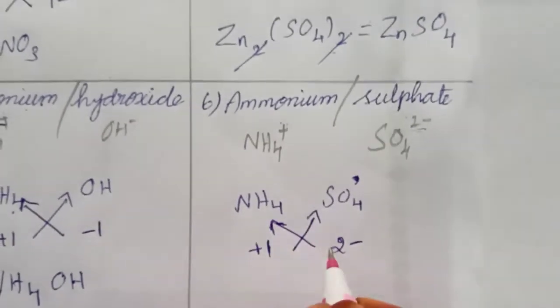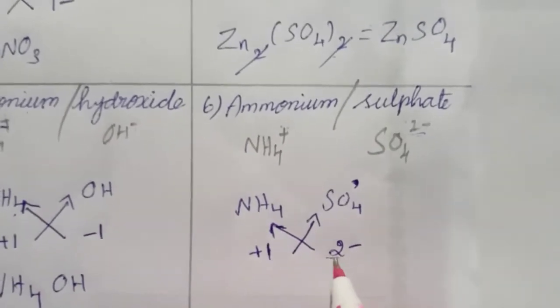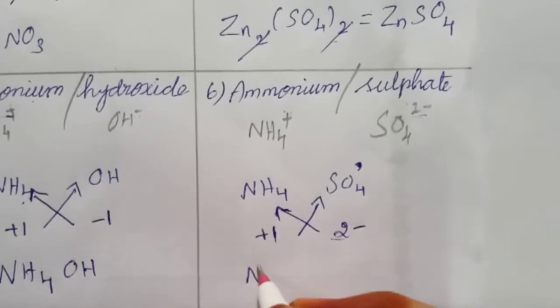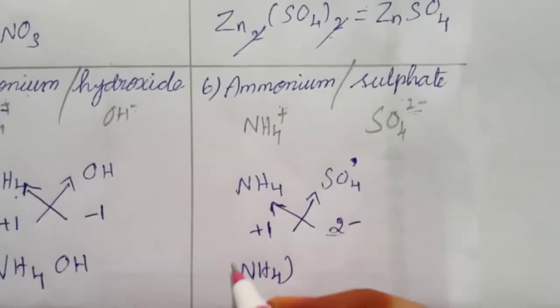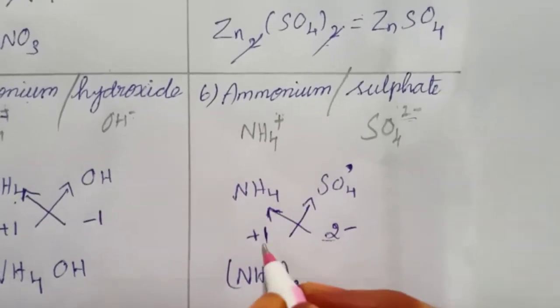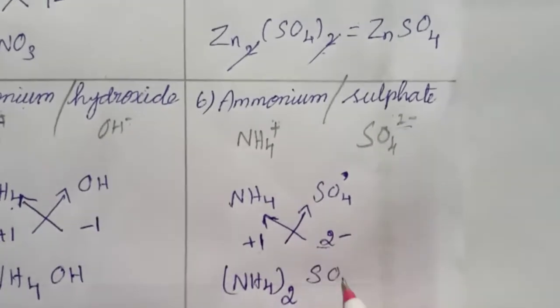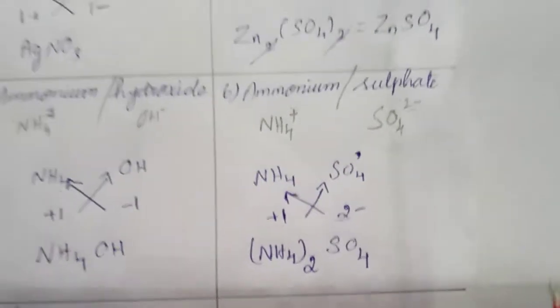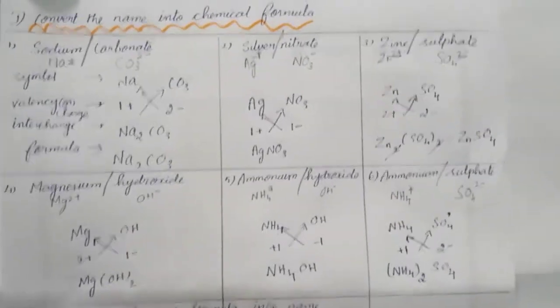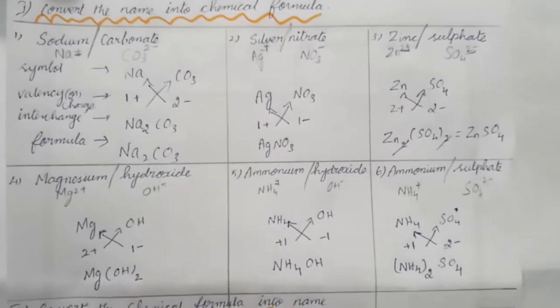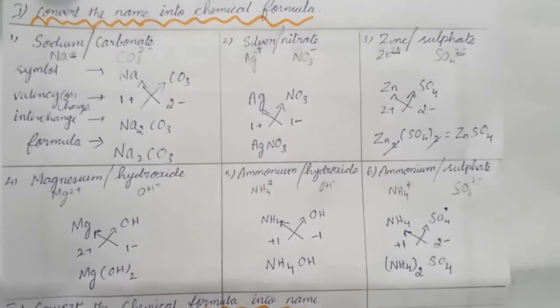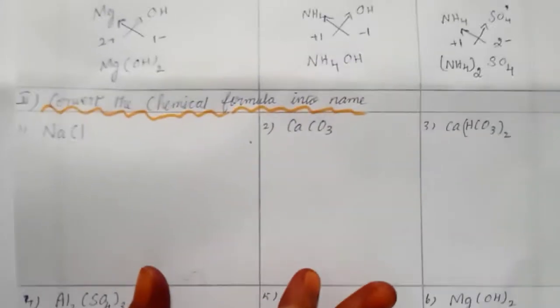Here after interchanging, ammonium gets twice, so we put NH4 inside the bracket twice. SO4 is only 1, so there is no problem, we simply represent SO4. Okay, so this is one of the methods to convert the name into a chemical formula by using the charge. And next, convert the chemical formula into name.